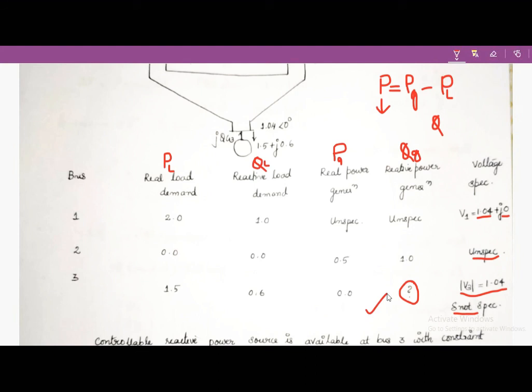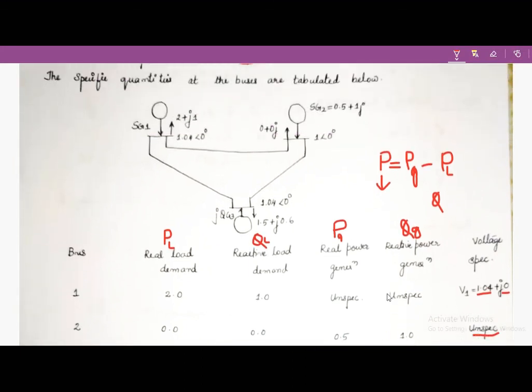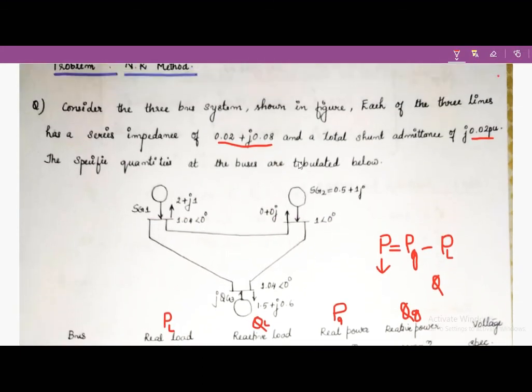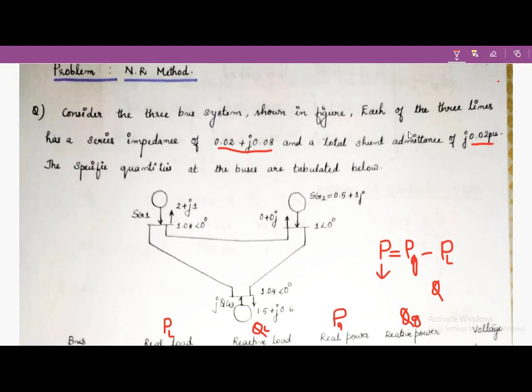So this is the way you should approach a problem. Merely by looking at a problem, don't get upset or tensed. Just analyze the problem. The problem itself will convey many details. Now coming back to the problem, other details are given here.